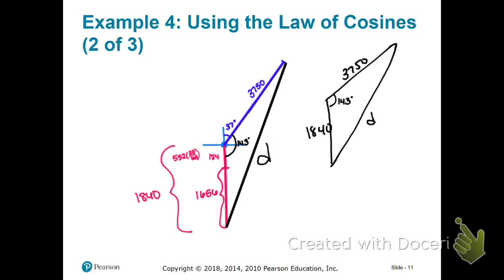So to find that distance, we know that distance squared is equal to the other two sides squared being added together, minus 2 times those other two sides multiplied together, times cosine of the angle between them.